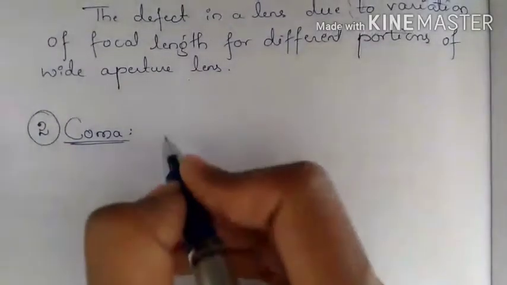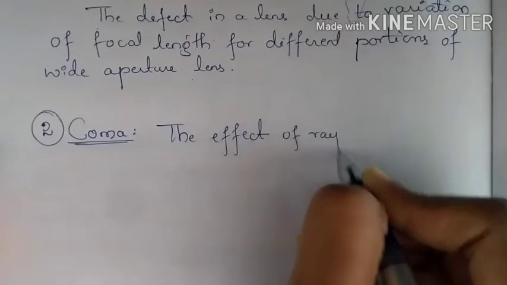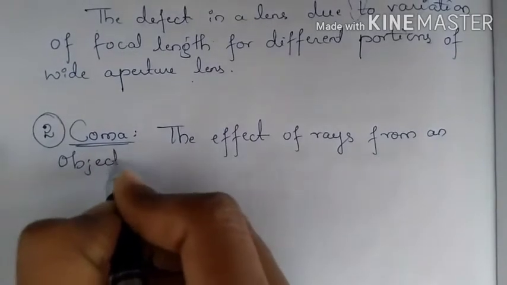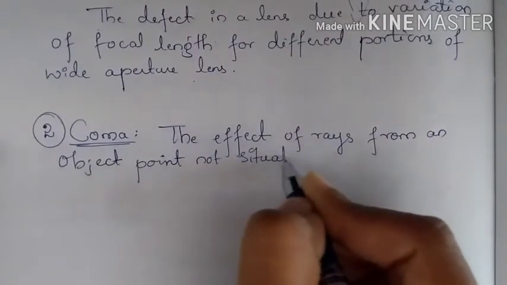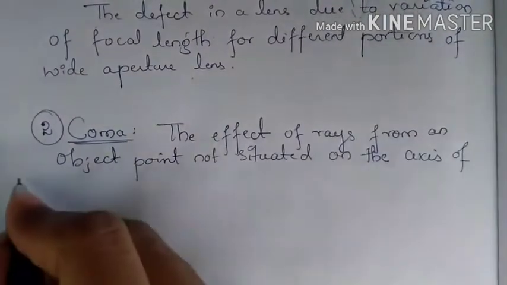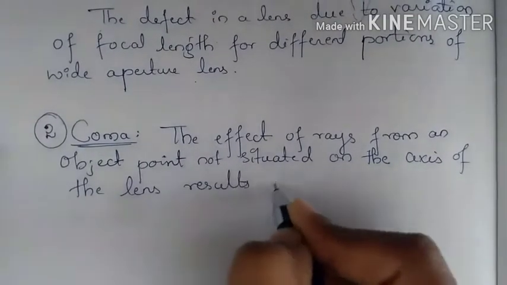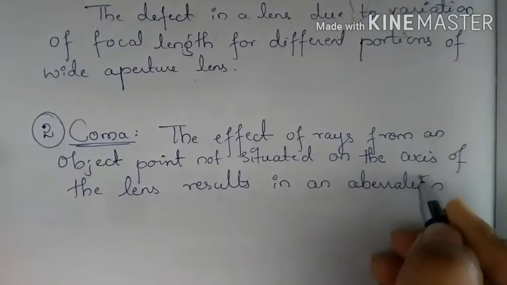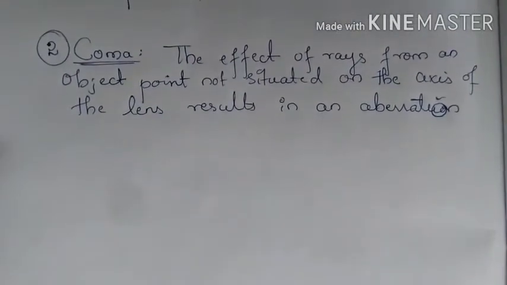So this results in coma. This is the second part in the monochromatic aberration.